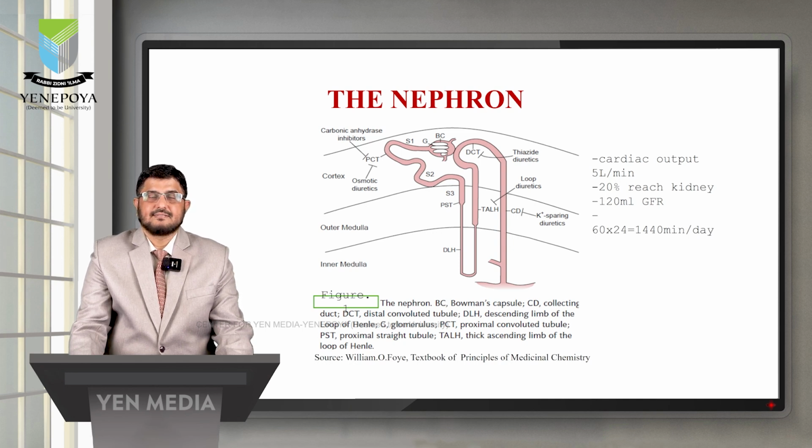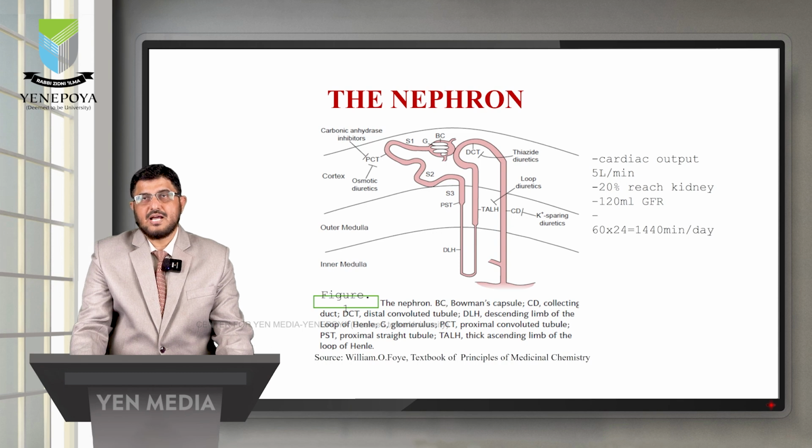Nephrons have different components. It has Bowman's capsule, glomerulus, proximal convoluted tubule, and we have descending loop of Henle, thick ascending loop of Henle, distal convoluted tubule and collecting duct. So, to know how much urine is formed, we want to know the fundamental things before we start our discussion.